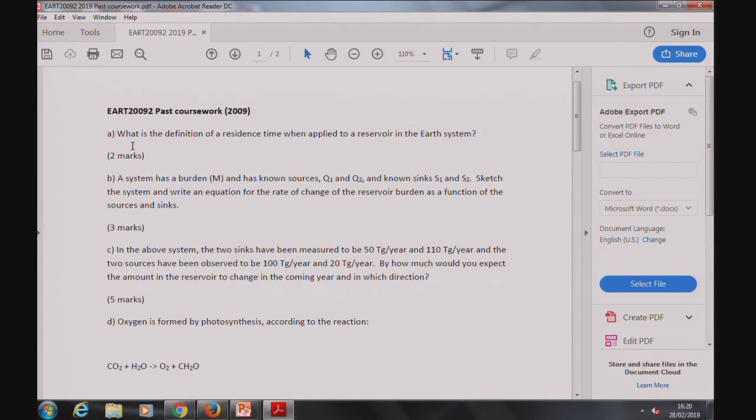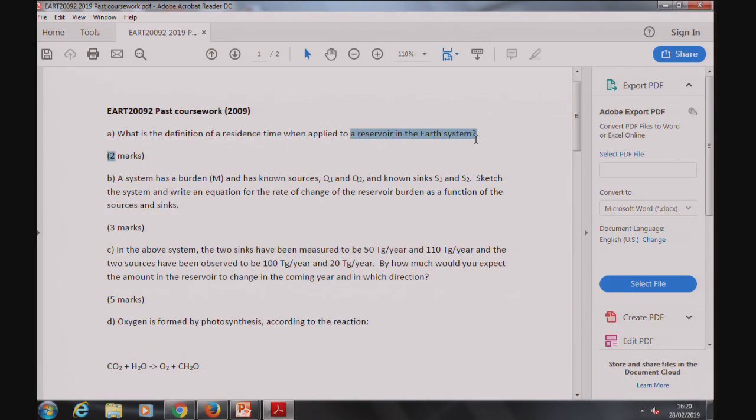What is the definition of a residence time when applied to a reservoir in the Earth system? Anyone want to start with that one? Isn't it the time it remains within the reservoir between its input and when its output occurs?